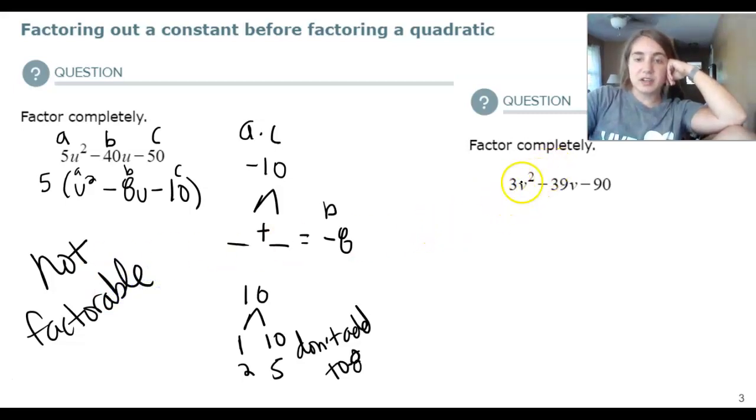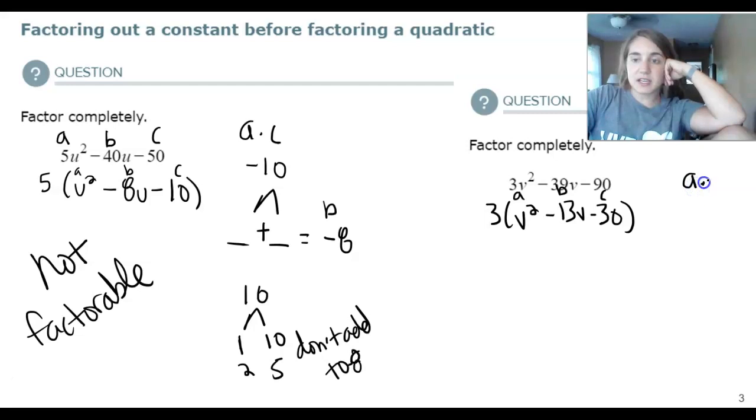This one over here has a greatest common factor of 3. I can identify my A, my B, my C. A times C is negative 30, but adds to my B of negative 13.